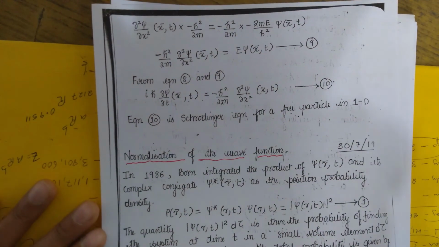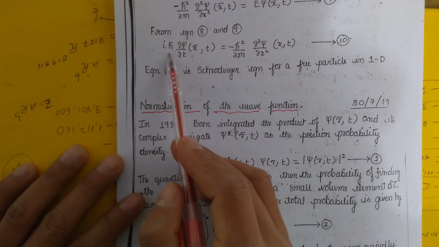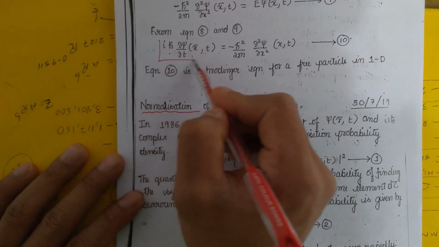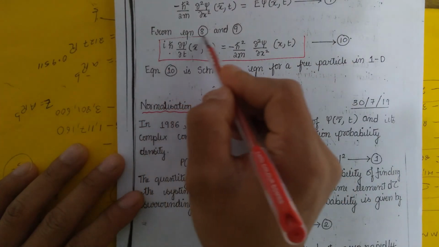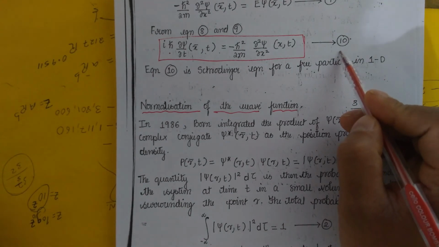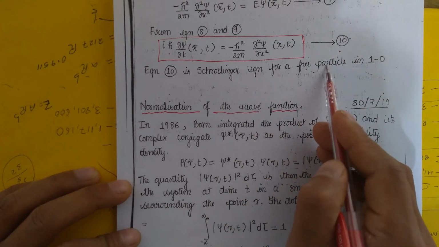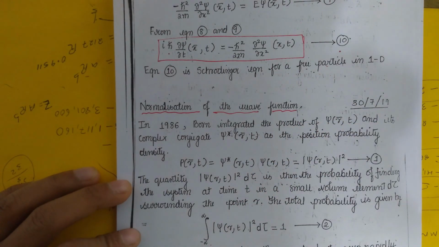Now from equations 8 and 9, by equating, we get this equation, which is your equation 10. With simple simplification, equation 10 is nothing but the Schrodinger equation for a free particle in one dimension.